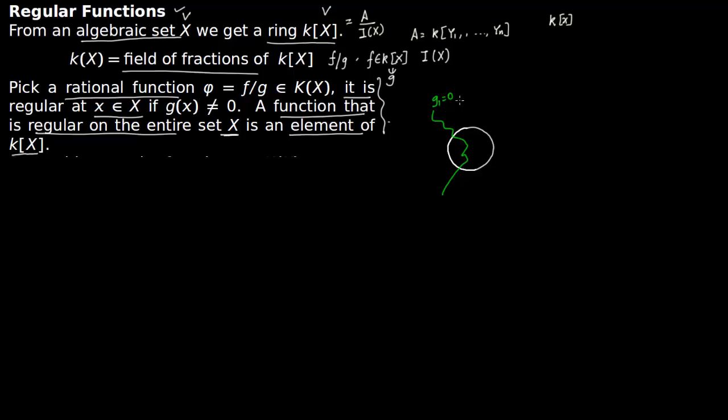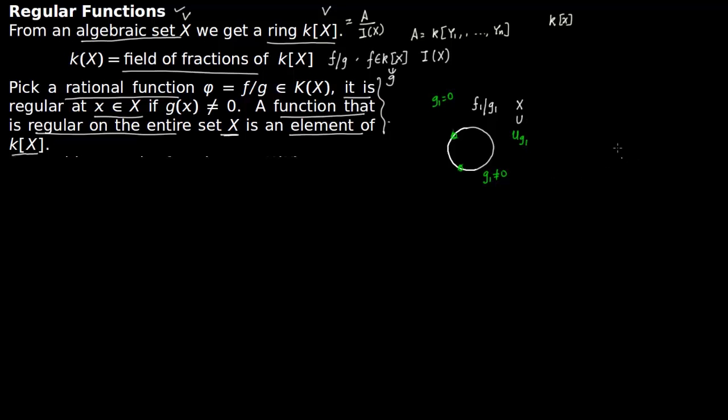Corresponding to g1 equals to 0, you have this green line, and you form open set u of g1 by deleting these 2 points right here. So g1 is not equal to 0 on the rest of the white set. Say a rational function here is f1 by g1, and you are working in this algebraic set X, so u of g1 lies within X.